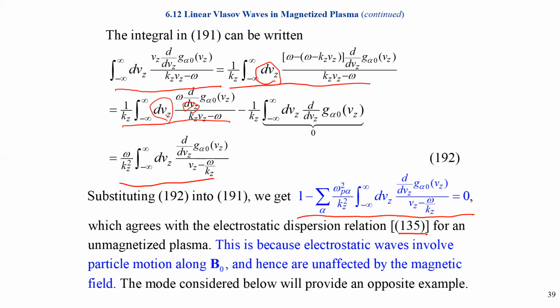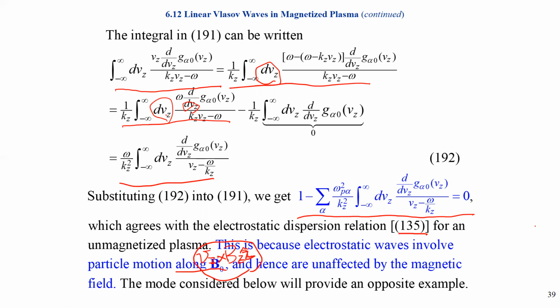This is because electrostatic waves involve particle motion along B0, hence are unaffected by the magnetic field, which means the particles move in the Z direction. Therefore, no effect at all.